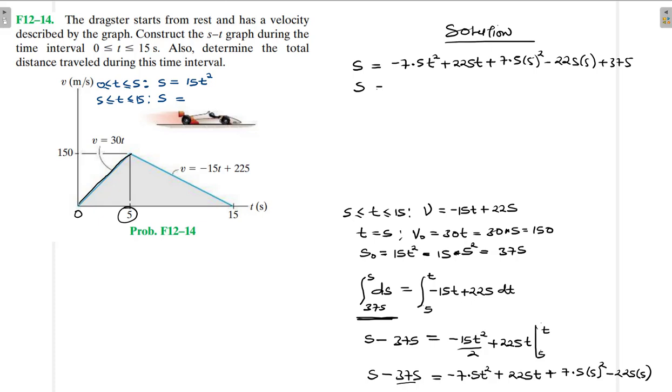Then we have s is equal to, grab the calculator, we have 7.5 by 5 squared minus 225 by 5 and plus 375.